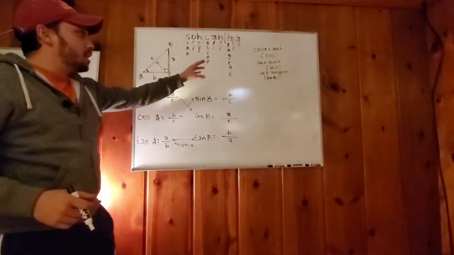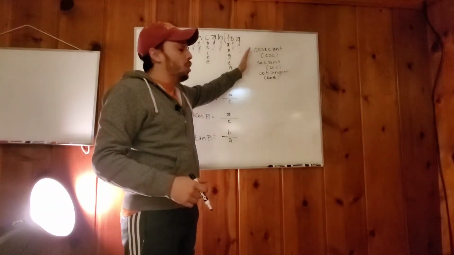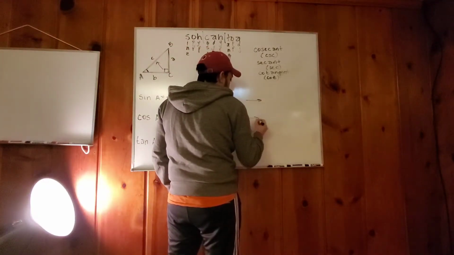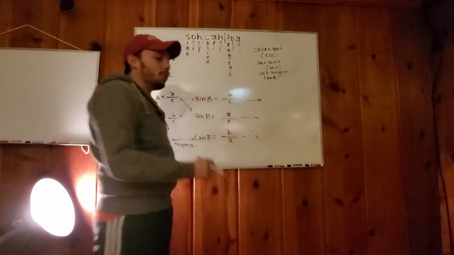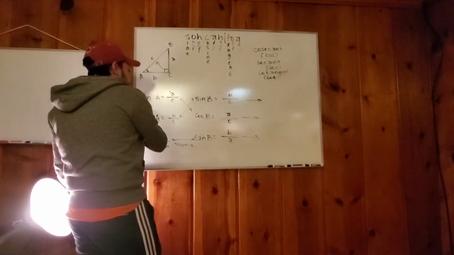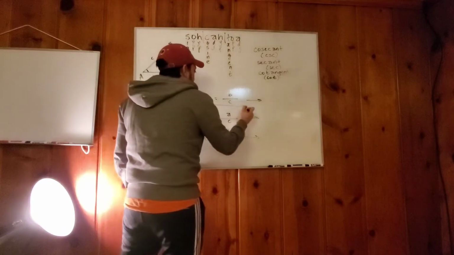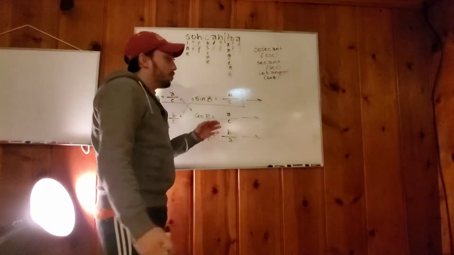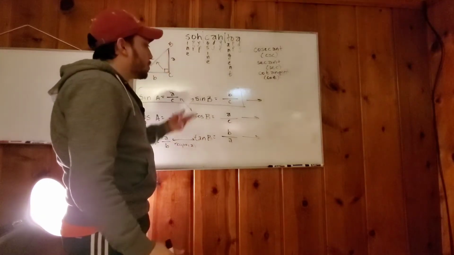Now the other part of the lesson is understanding these new ones. Cosecant, secant, and cotangent. And I'm going to write them like that because you have to understand something. All this line right up top, we're talking about sine, right? Whether it be sine of A or sine of B. Well, there's something that happens, and it's the reciprocal.